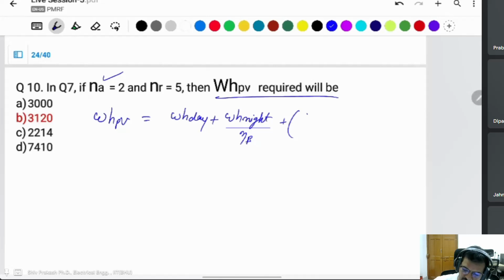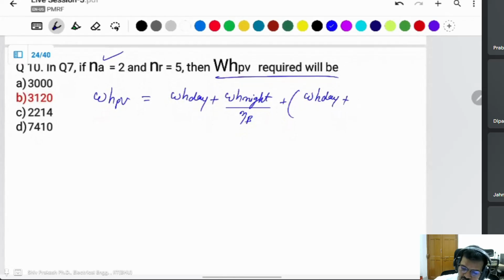If we store in battery, then the watt hour in day requirement, that is the load, and the watt hour of load in night, divided by the battery efficiency, because this power is also stored in the battery for the autonomous day. The autonomous day is Na.